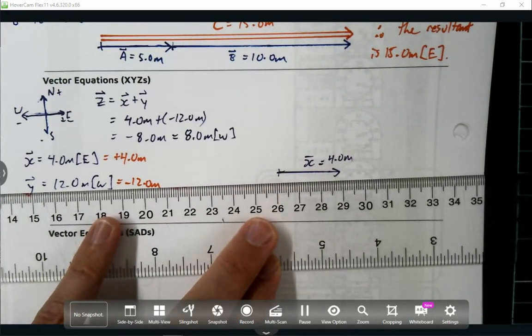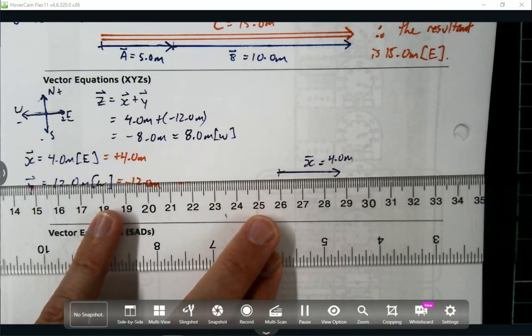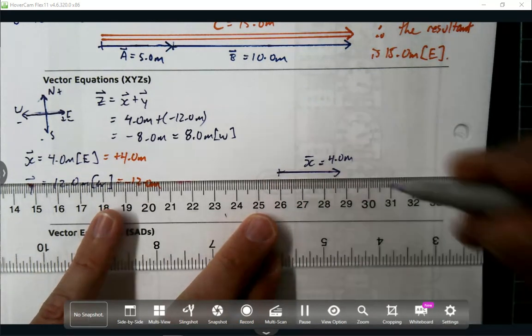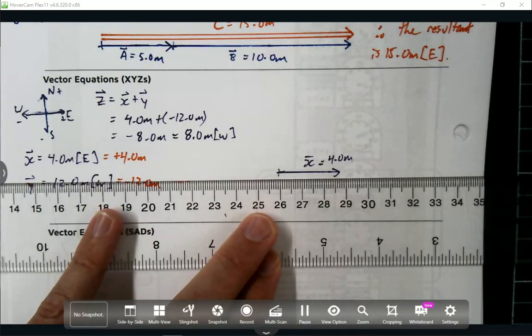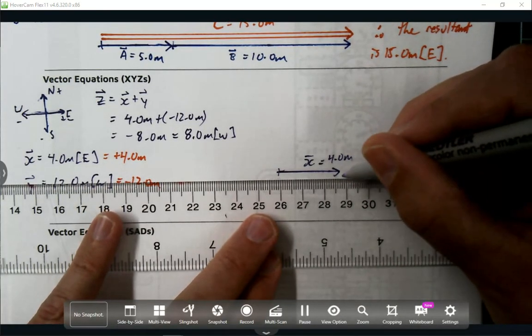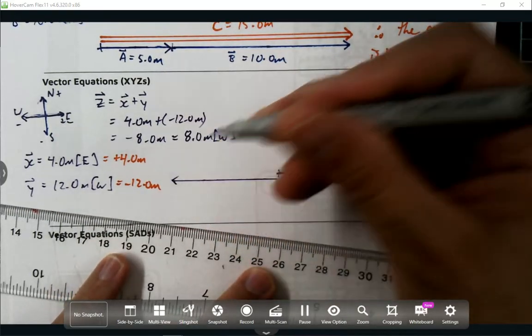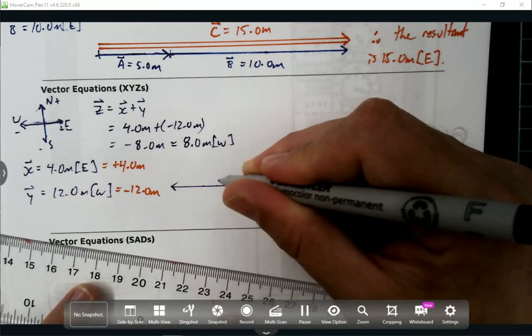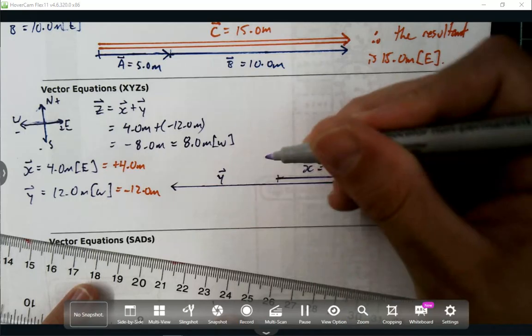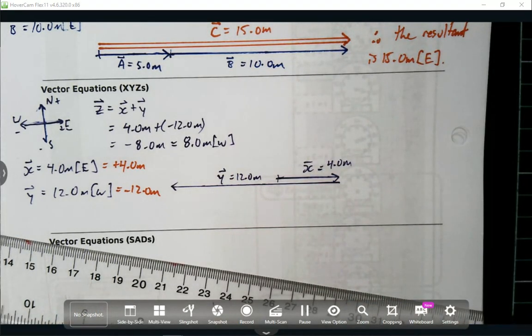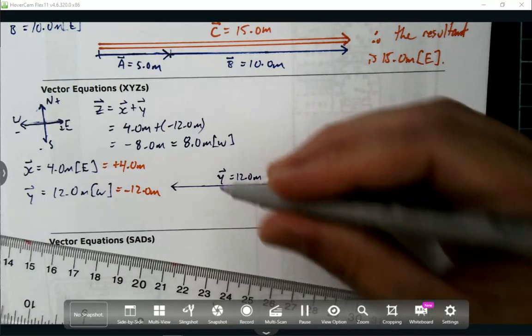And then remember, because we're in one dimension, you can't draw vectors on top of each other very easily, so we just offset them a little bit, and we kind of just agreed to be okay with that. Kind of makes me think a little bit of a number line. Vector Y, 12.0 meters. And again, I'm not going to throw in the negative sign because I've already dealt with it directionally with the actual schematic.